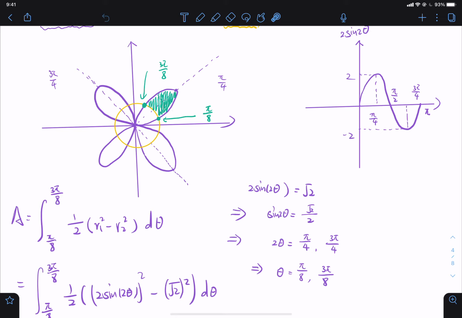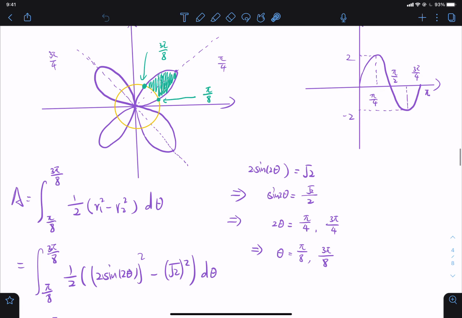So we take them as our lower bound and upper bound, and we establish the definite integral to figure this out. That is 1 over 2 r squared, right? And we use the further curve minus the closer curve. That is like using a larger value minus a smaller value.